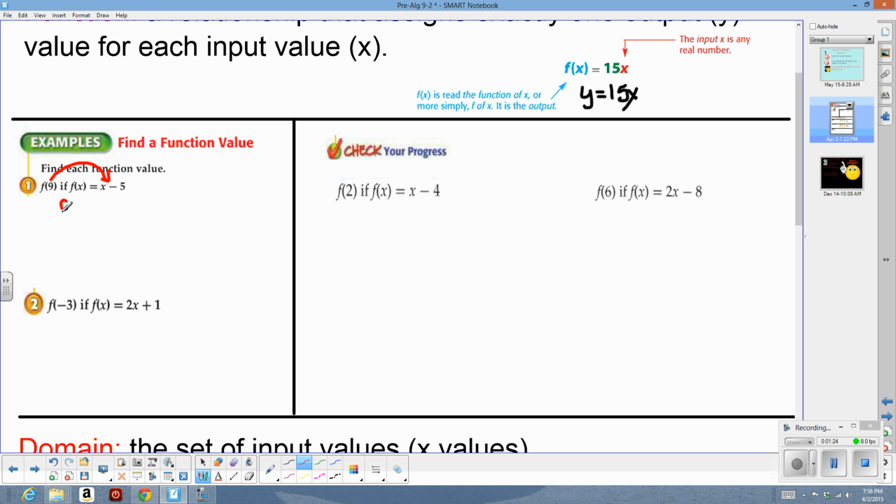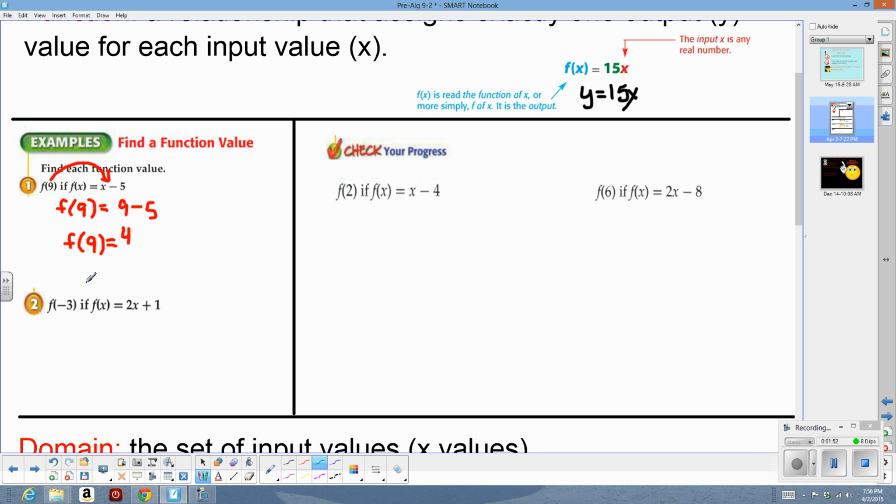So f of 9 equals 9 minus 5. Well, 9 minus 5 is 4, so f of 9 is equal to 4. Basically, what that's saying is when we input 9, our output is 4.